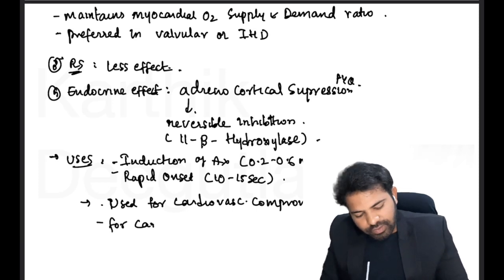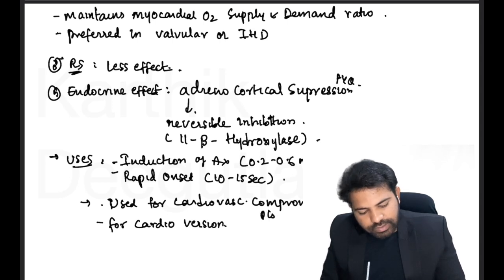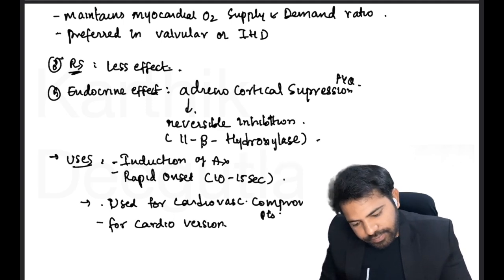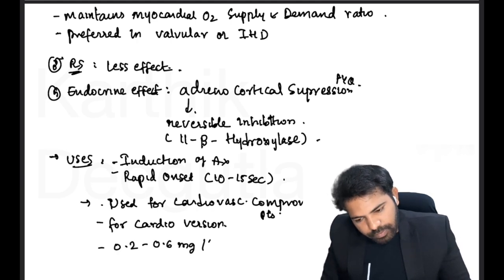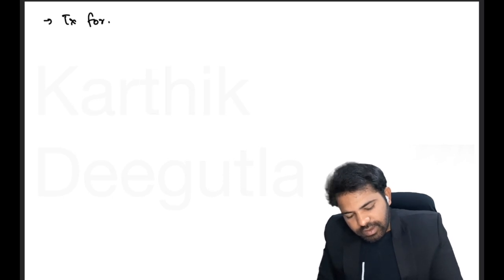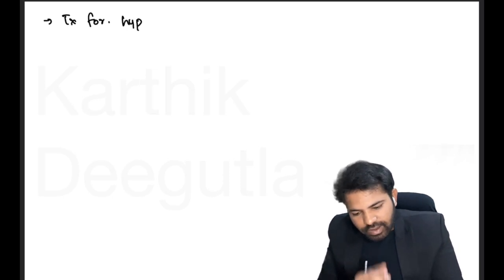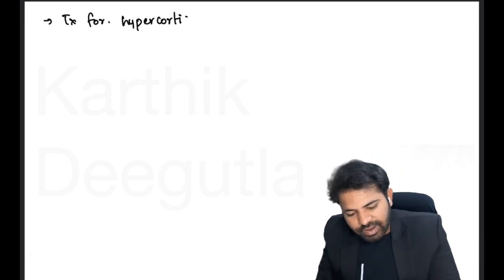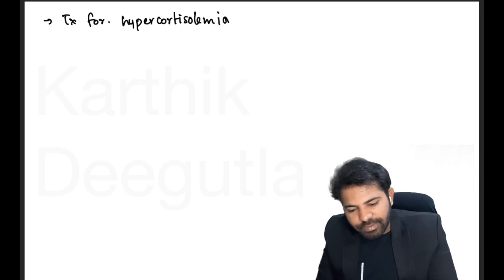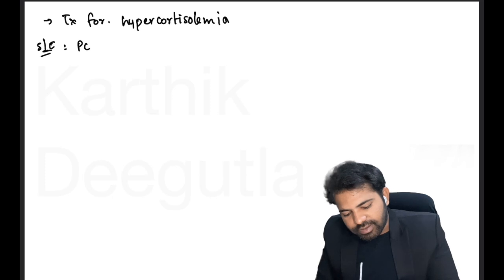It can be used for cardioversion. I'll write the dose once again: 0.2 to 0.6 mg per kg. Clear? Moving on. It can be used for treatment of hypercortisolemia because it causes adrenocortical suppression. So sometimes it can be used for hypercortisolemia also.